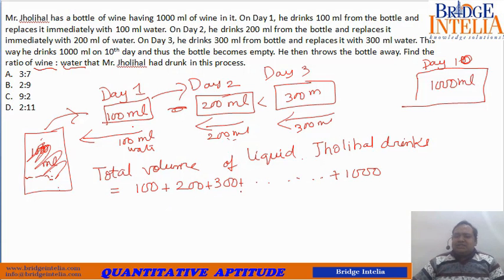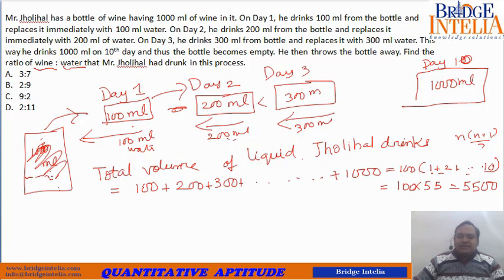So this is the total volume he has drunk. If you add these up, you can take 100 as common. So 1 plus 2 up till 10. Then you can apply the formula n into n plus 1 by 2. So 10 into 11 by 2, so 10 into 55. So this comes out to be 5500.